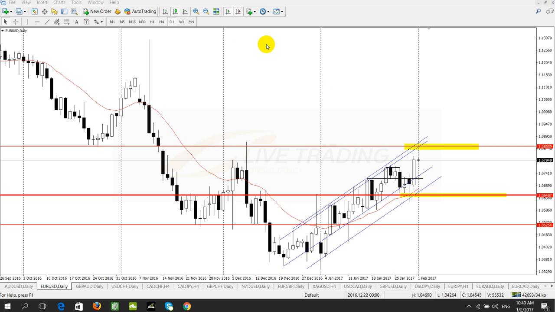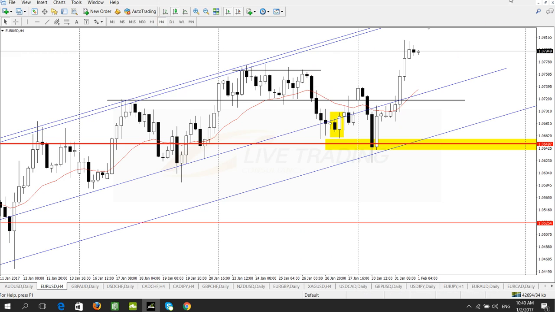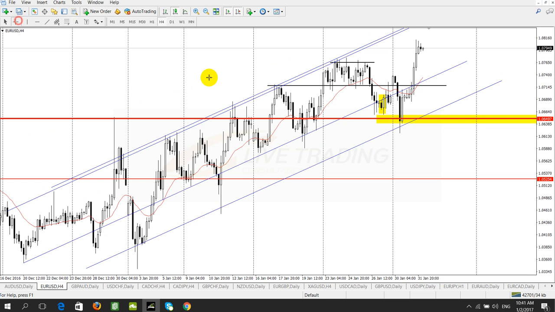Okay guys, you see yesterday a few traders said it's going to be a downtrend because of a very good retest: market broke, retest, downside. But I did mention that this is the support where a lot of buyers will come in. So you see, like what we did mention, buyers came in and moved close to 76 pips.